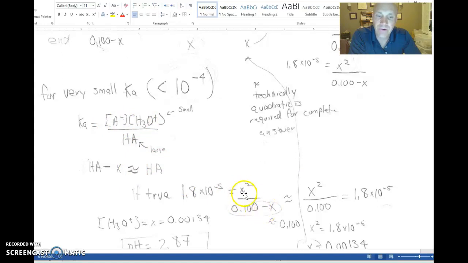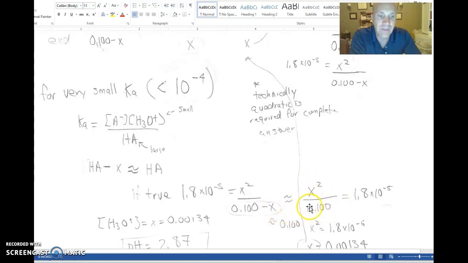If your numerator is small compared to your denominator, then if we subtracted that X, it is going to be very, very close to what that number is, because X is very small compared to the original denominator. So we can assume this expression is approximately the same thing as X squared over this denominator, but without that minus X.